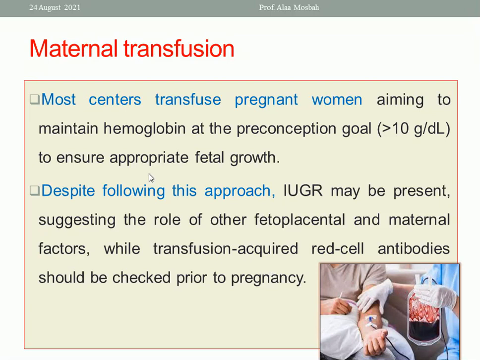So, fetal growth restriction may be related to anemia, but if I corrected the anemia above 10 gram per deciliter, there is still a possibility of fetal growth restriction because there is another problem regarding the fetal placental factors and the maternal factors.